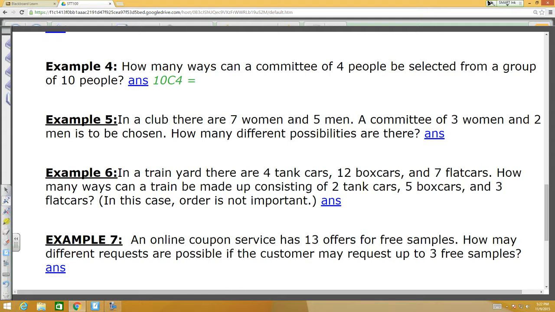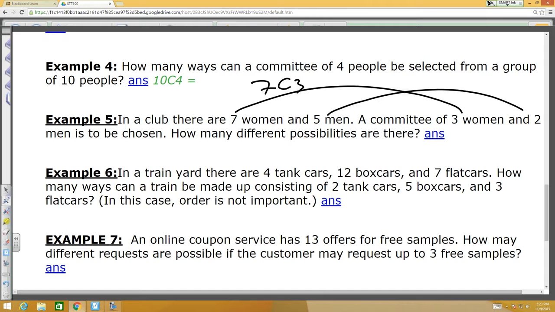Multiply. Why multiply? Why add? You need to give a good reason for your answer. Everyone agrees that I get the 3 women from 7, so it is 7C3, and I get the 2 men from 5, so it's 5C2.